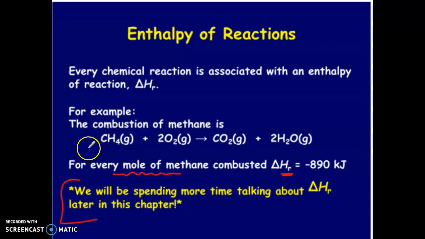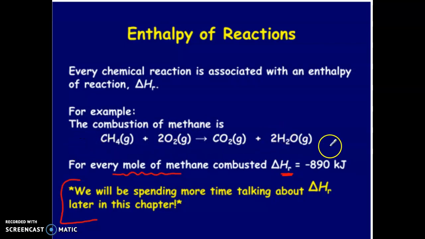Just to recap, remember that the coefficients in front of a compound are technically the molar ratio for that compound. Here we have 1 mole of methane, 2 moles of oxygen, 1 mole of carbon dioxide, and 2 moles of water.